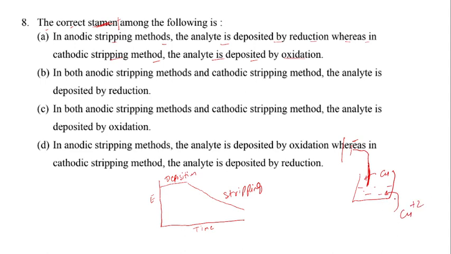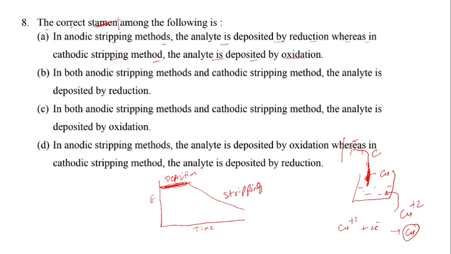Because it is the cathode, electrons will flow like that, and these two electrons will react with the copper ion, and copper metal will be deposited on this cathode. So this is the deposition. You are applying some potential where deposition is going on.